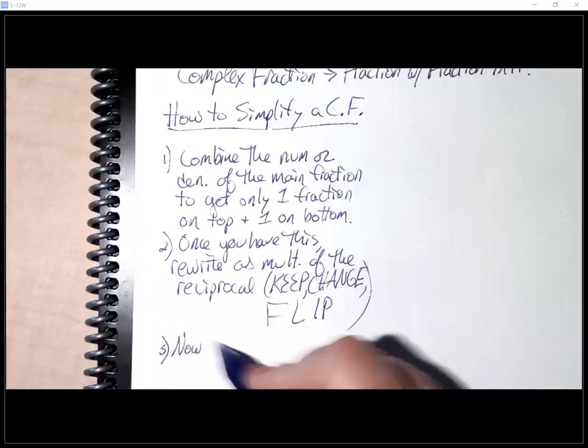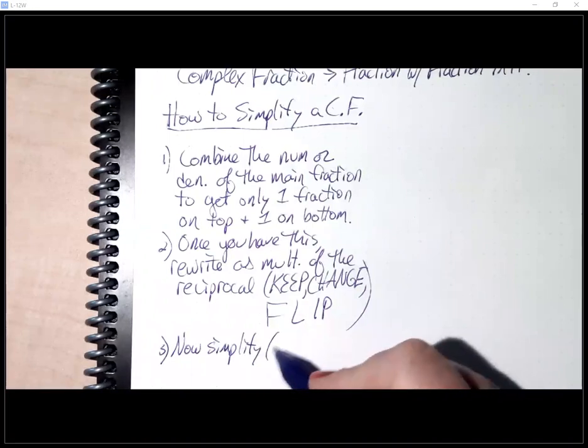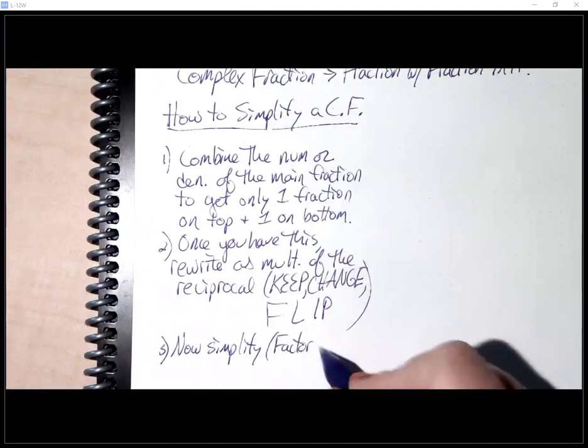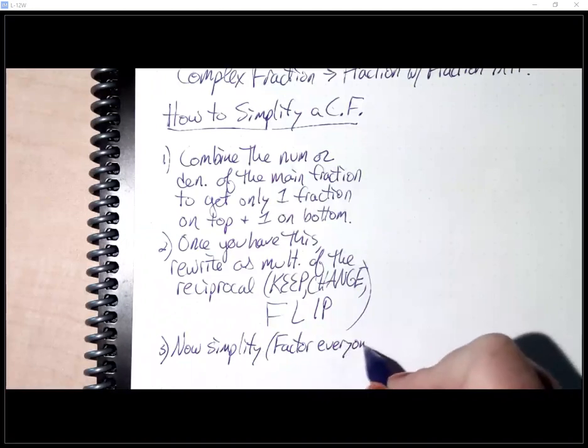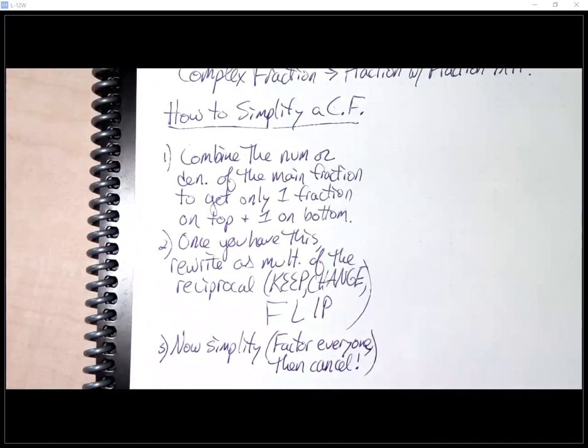Now simplify by factoring everyone, then cancel. And that's it. Those are your steps.